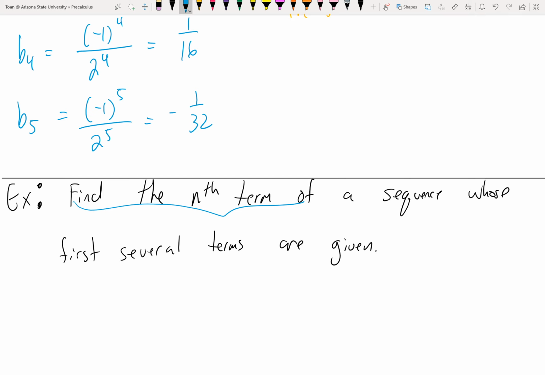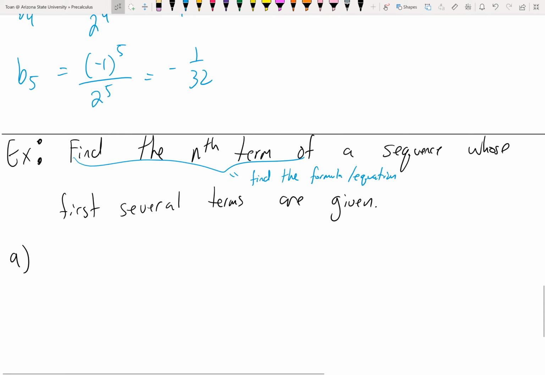Again, that phrase, the nth term, basically means find the formula or the equation. So let's see what the first pattern is. 1/2, 3/4, 5/6, 7/8, so on and so forth.